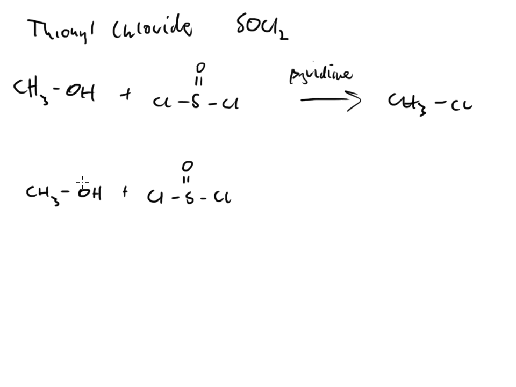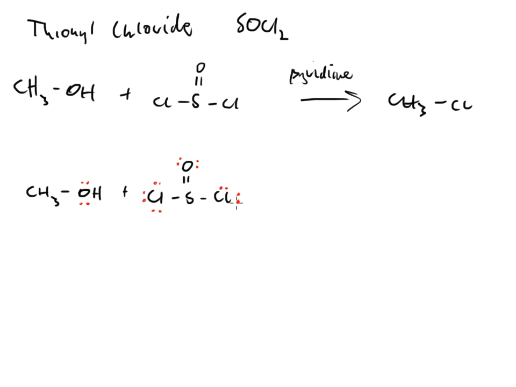The alcohol group has a free set of electrons here and here. That oxygen carries 2 of them. That oxygen has 2 bonds and 2 sets. The chlorine down here has 3 sets of electrons. That's what makes its formal charge 0.